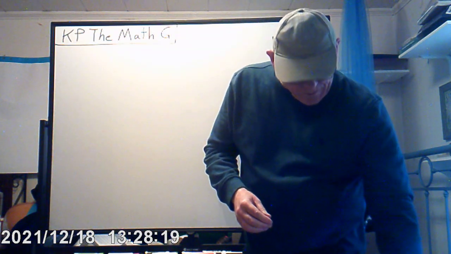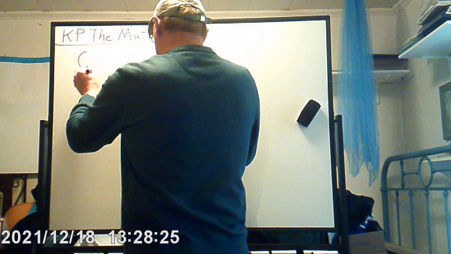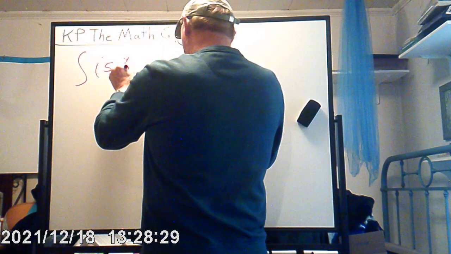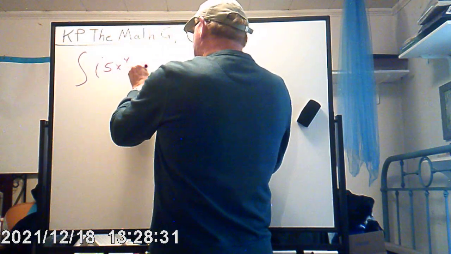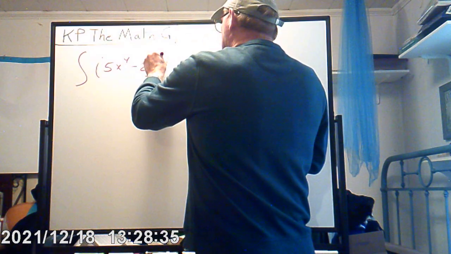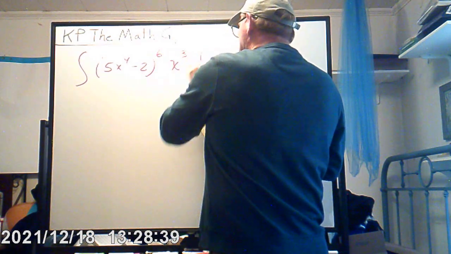Alright, let's do another one right here. Example 2. Alright, we're going to go with 5x to the 4th minus 2 raised to the 6th, times x cubed dx.